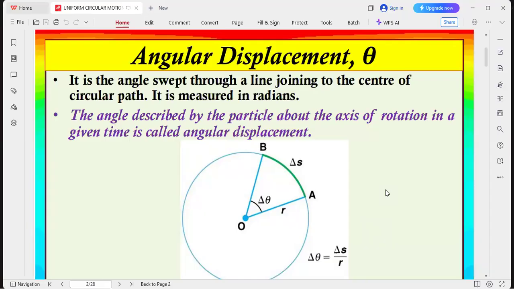The SI unit of angular displacement is radians, not degrees. We know in most cases, when we talk about angles, we mention degrees from 0 to 360 degrees. But now, angular displacement has an SI unit.